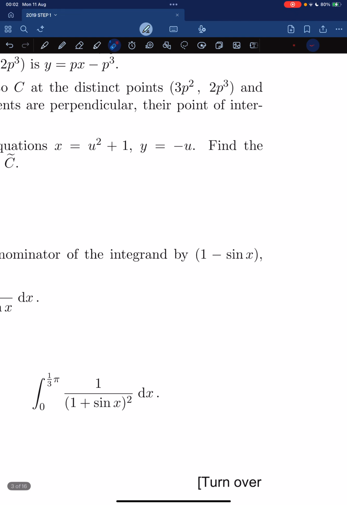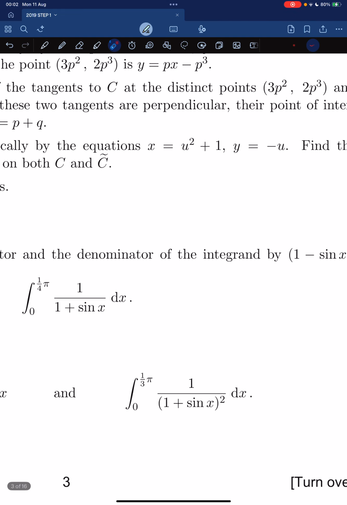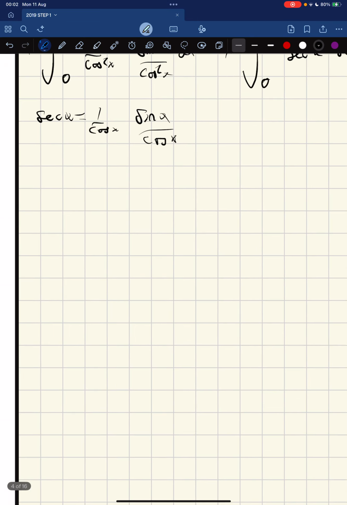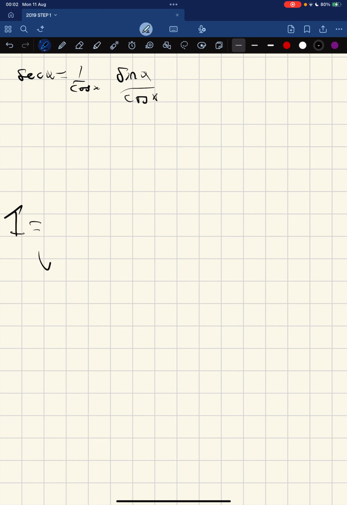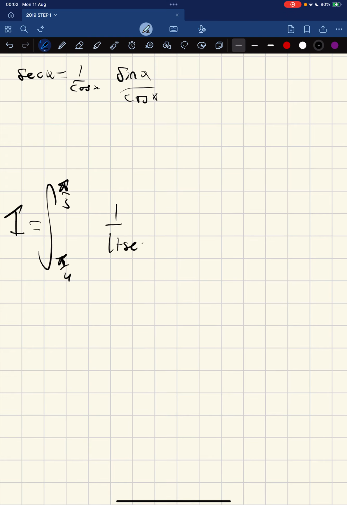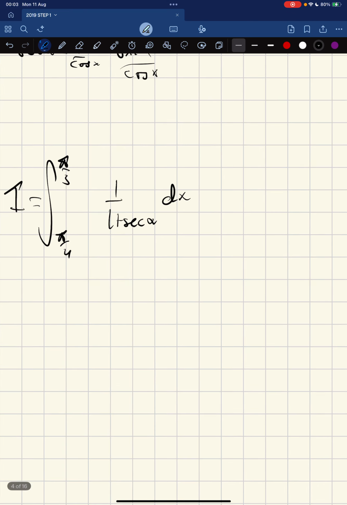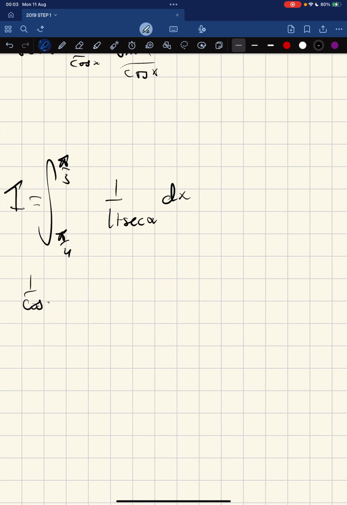We define the integral to be the integral from pi over 3 to pi over 4 of 1 over 1 plus sec of x dx. Now, instead of rationalizing, I think we should manipulate this, because sec of x is obviously 1 over cos of x, which we learned in the first part. So we replace that here.